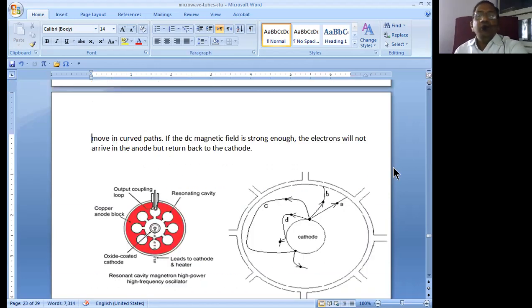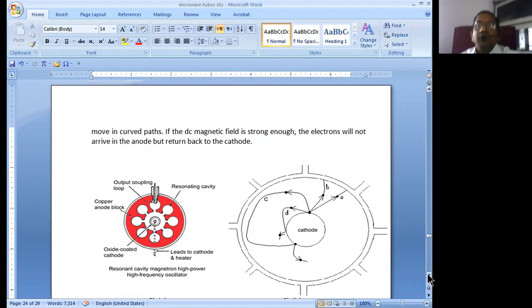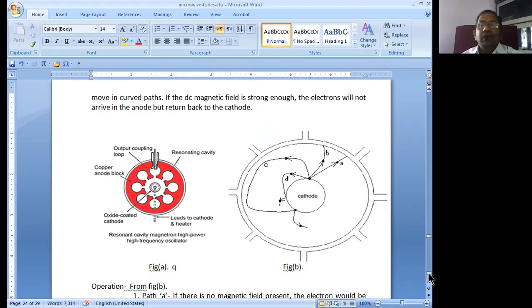Now we discussed the operation by three paths. Here is the same magnetron shown differently, where this is a copper anode block. This is the output coupling loop, and all these are resonant cavities.